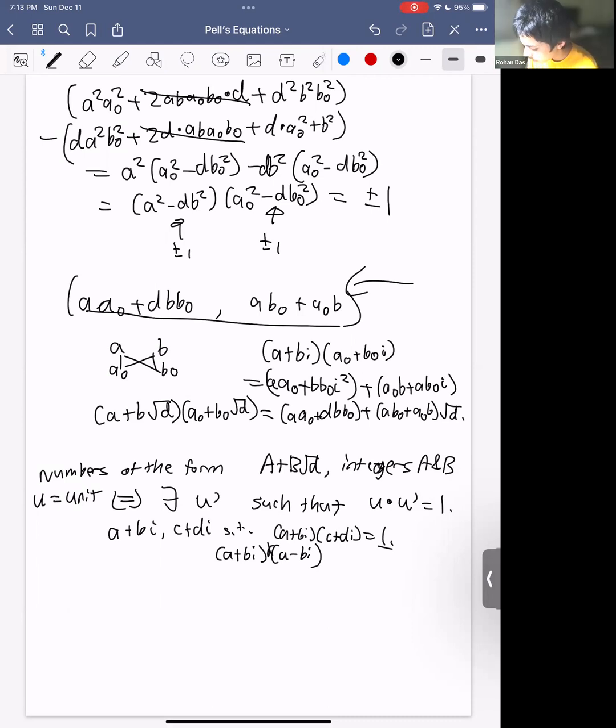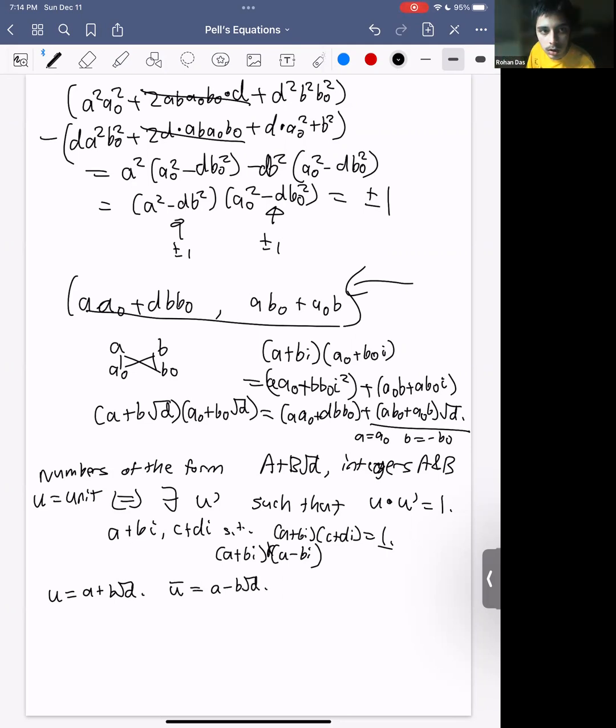The reason it's useful is because if we look at the root d term here, if a equals a0 and b equals negative b0, then we see that this cancels. So now consider some u equals a plus b root d. We define u conjugate to be a minus b root d.